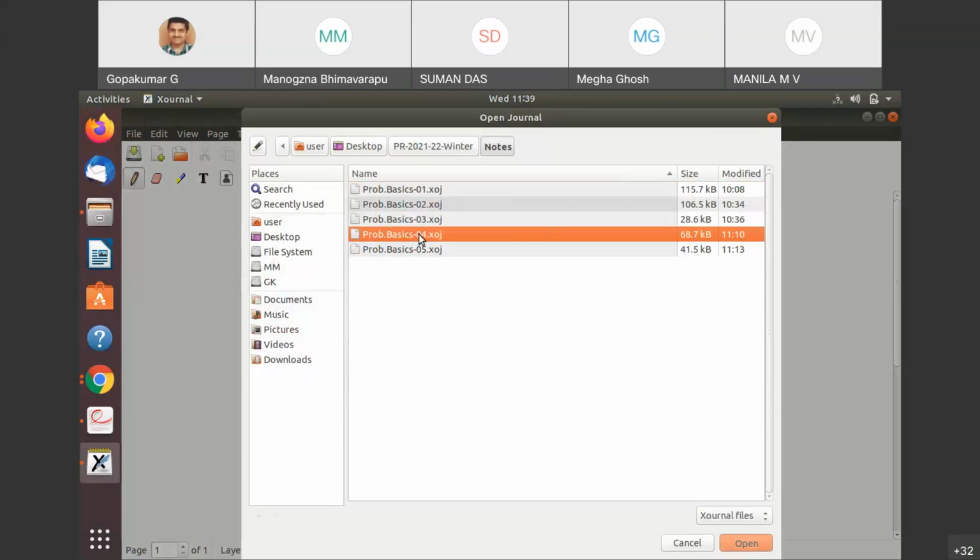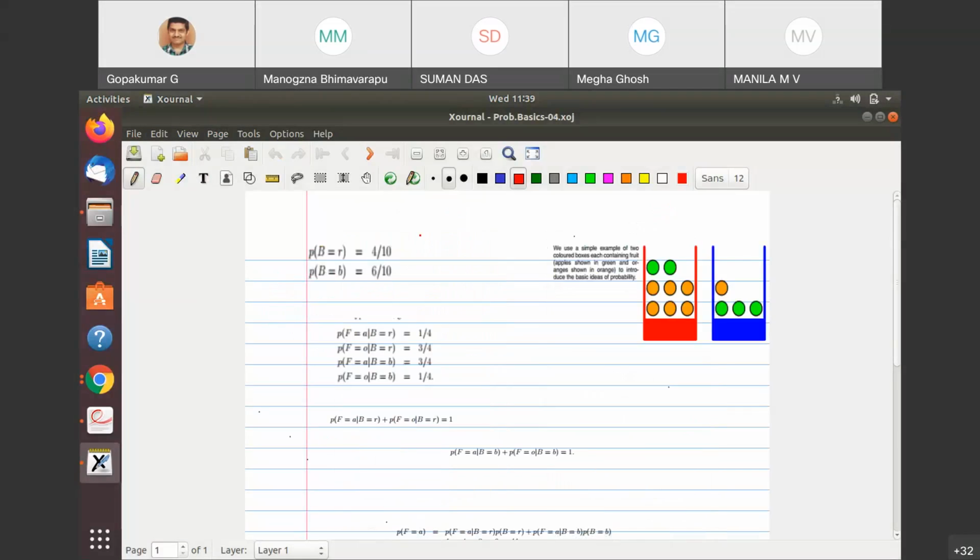So now what we will do is go through the previous example that we started with, the apples, oranges, and red and blue boxes. Here we will see how we can apply the previous equations that we have just seen.